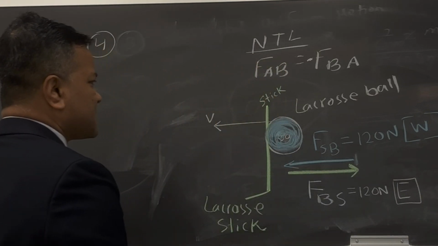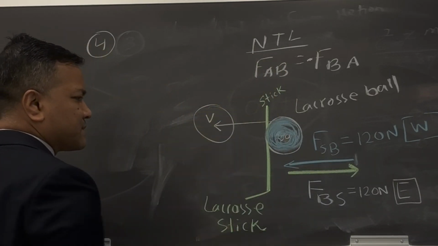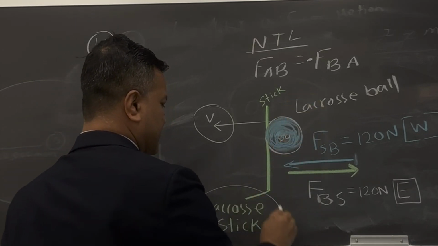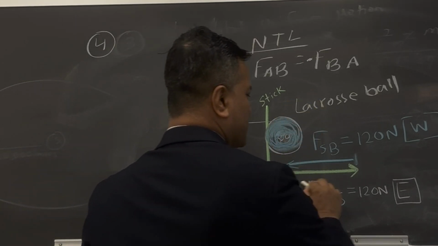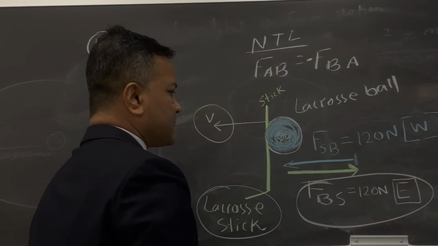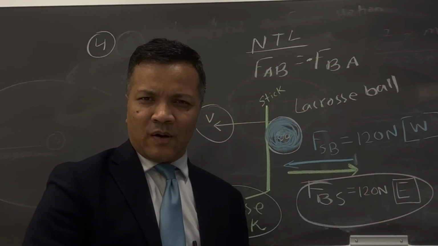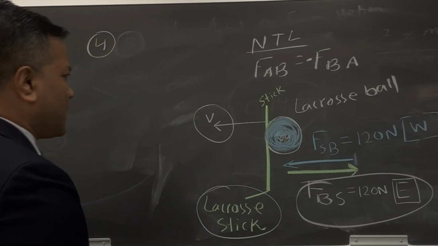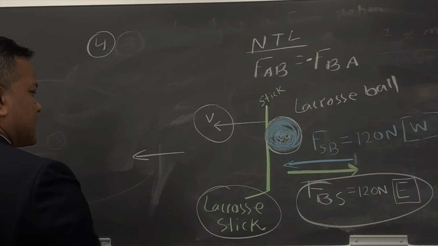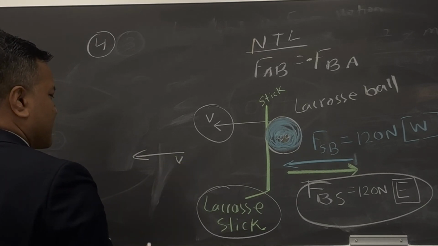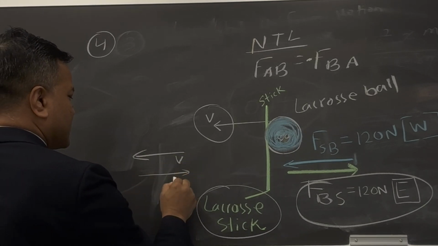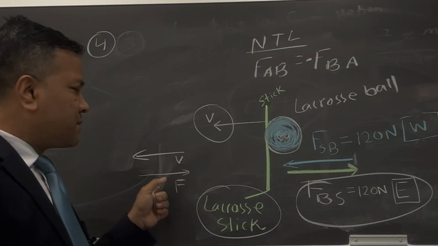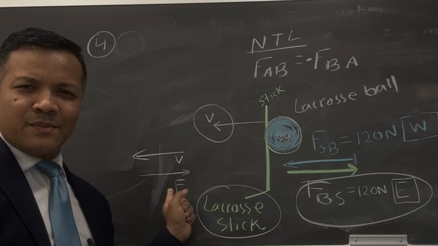Since the ball is moving to the left, the lacrosse stick applies the force to the east so that the ball comes to rest, because now the velocity vector and force vector are in opposite directions.